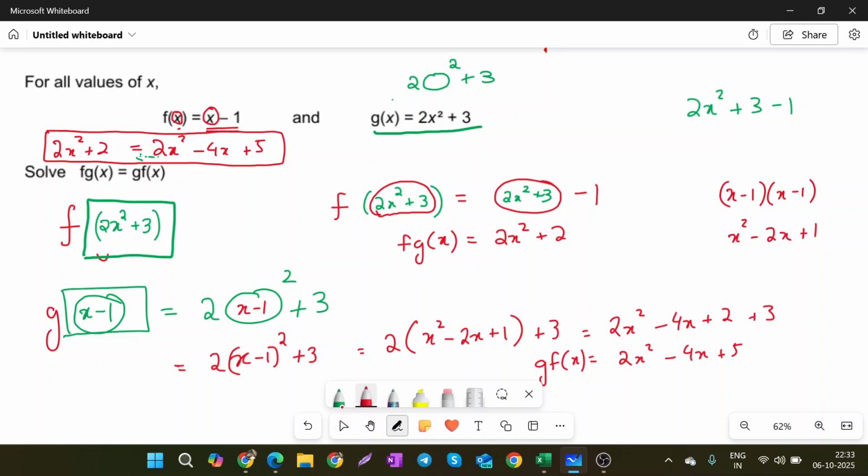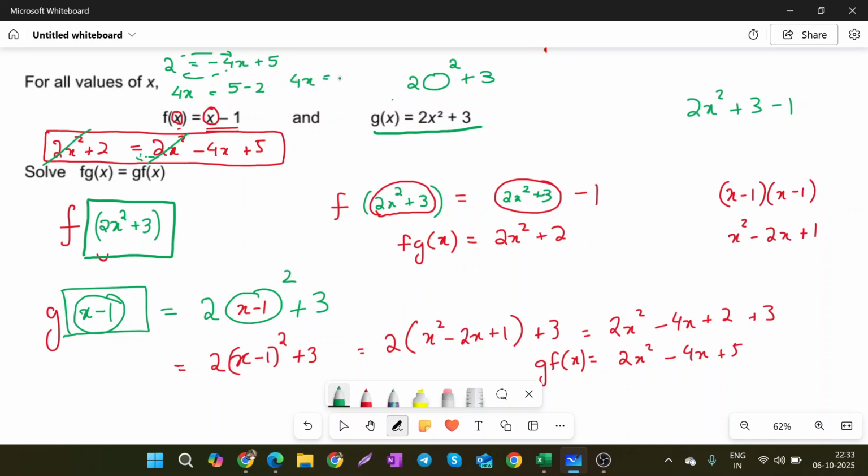If we try to solve, we could subtract the 2x squared from both sides, and we're left with 2 equals minus 4x plus 5. If we rearrange that, I would get plus 4x, take the 2 to the other side, 5 minus 2.